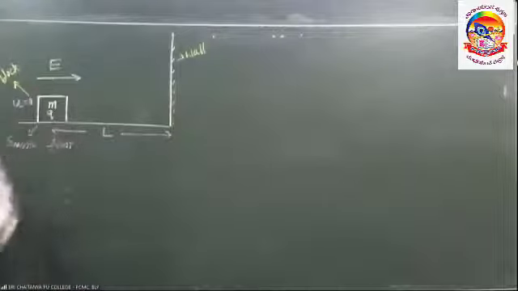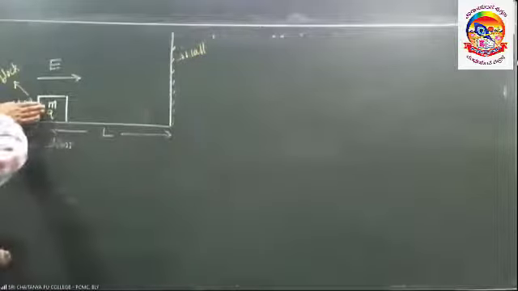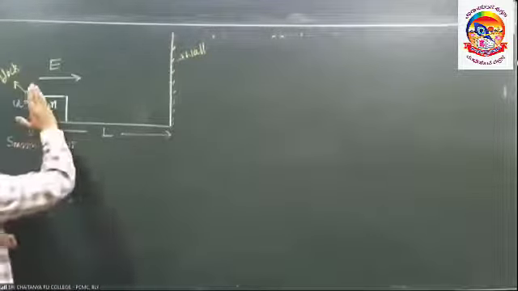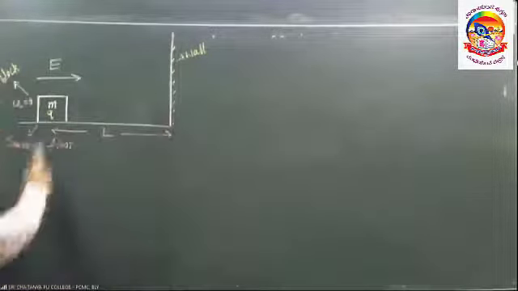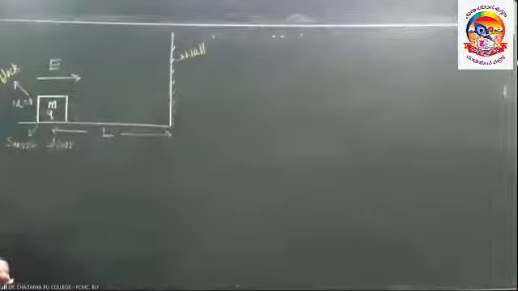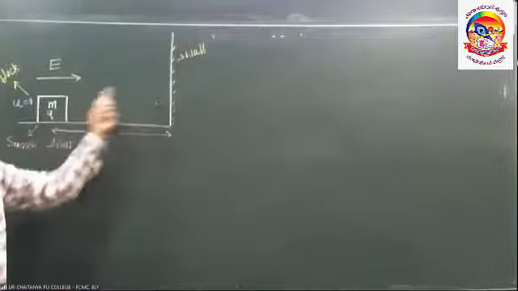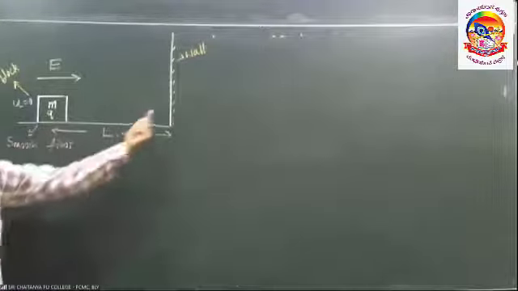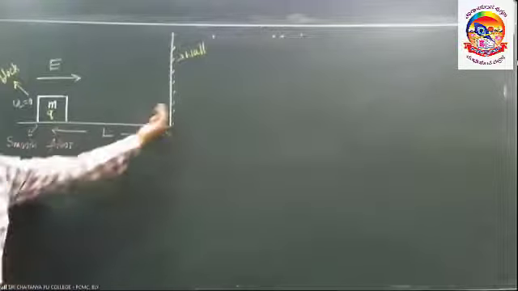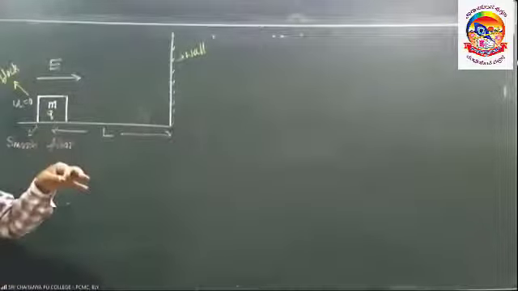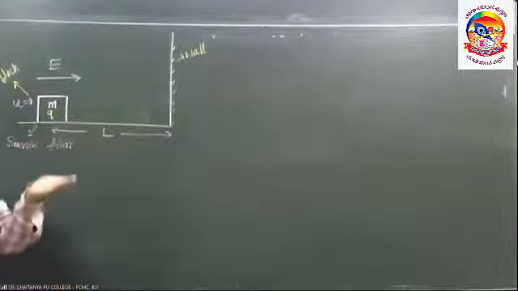Whenever we apply the electric field, what happens? It experiences force in the direction of the electric field, then it gets accelerated and moves towards the wall. It hits the wall, and that collision is elastic. In an elastic collision, from what height we drop the ball, to the same height it comes back.